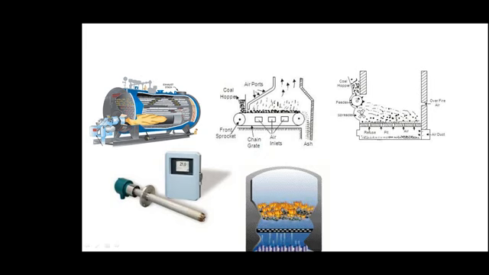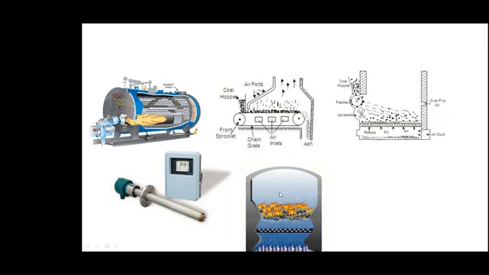Similarly, here is another version, the sprinkler stoker or spreader stoker, where some turbulence is given. The coal is sprinkled in the furnace, so there is some turbulence and better combustion efficiency. But what is very popular nowadays is the fluidized bed boiler. A slight amount of air is given to the coal, at increased pressure, so the coal particles keep jumping in the bed.